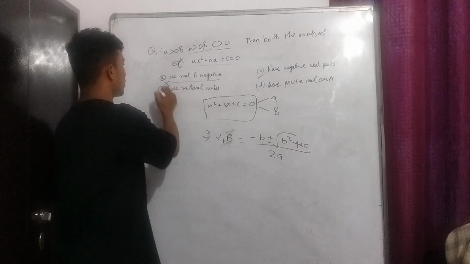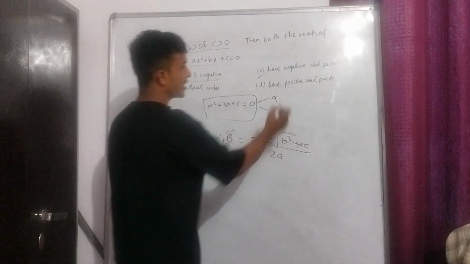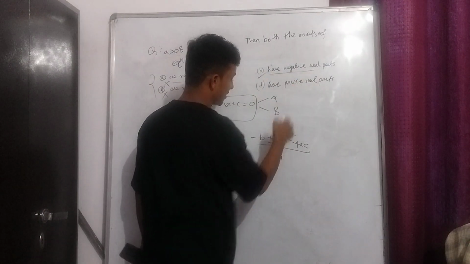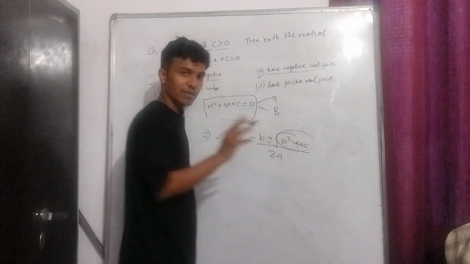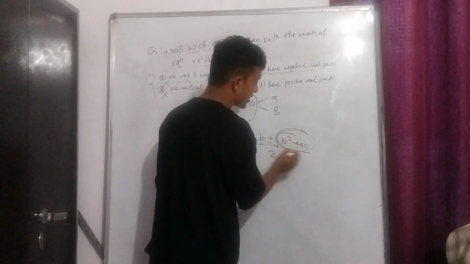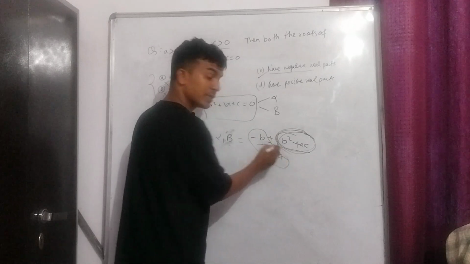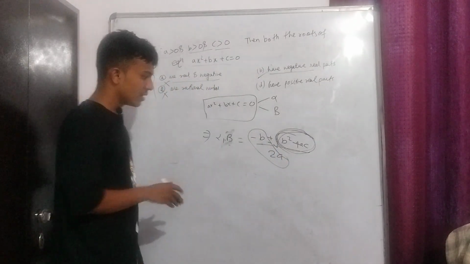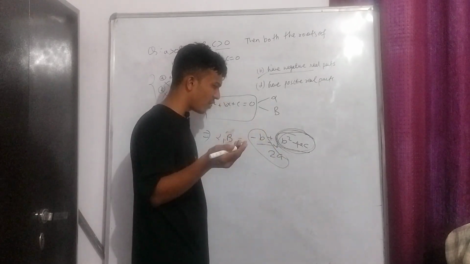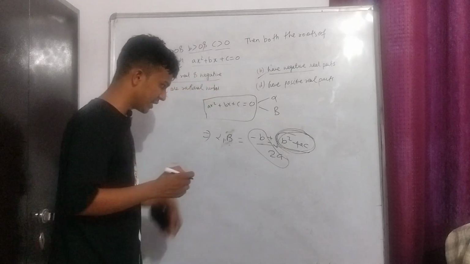So we are unable to comment on these two options. But we can comment on the real parts. If this is an imaginary number, this will be the real part. So can we say whether the real part will be positive or negative?